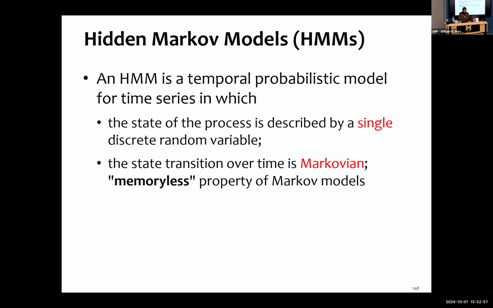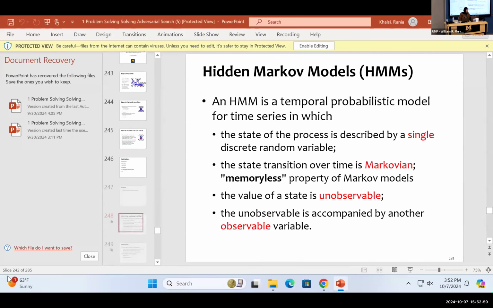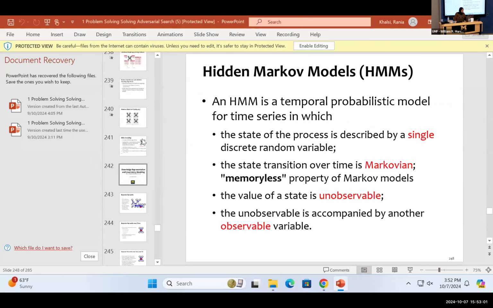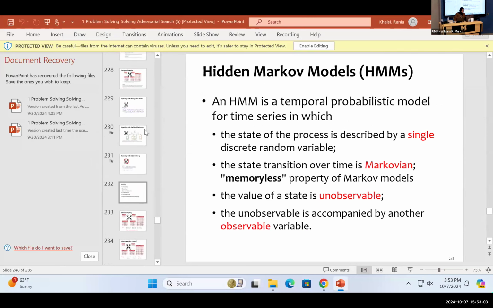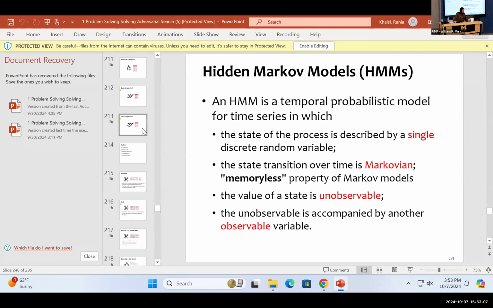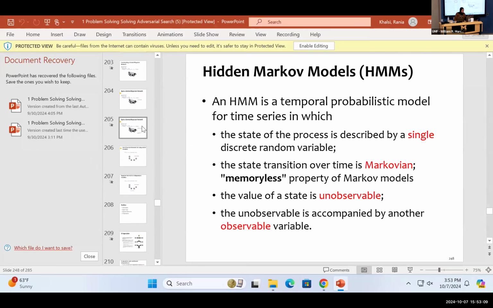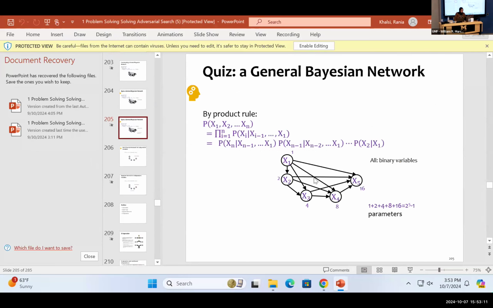Here, if you come back to the Bayesian network, and we suppose that we have 5 x's, x1, x2, x3, x4, and x5, okay? Let's suppose only x5 is dependent on x4, x3 on x2, and so on.